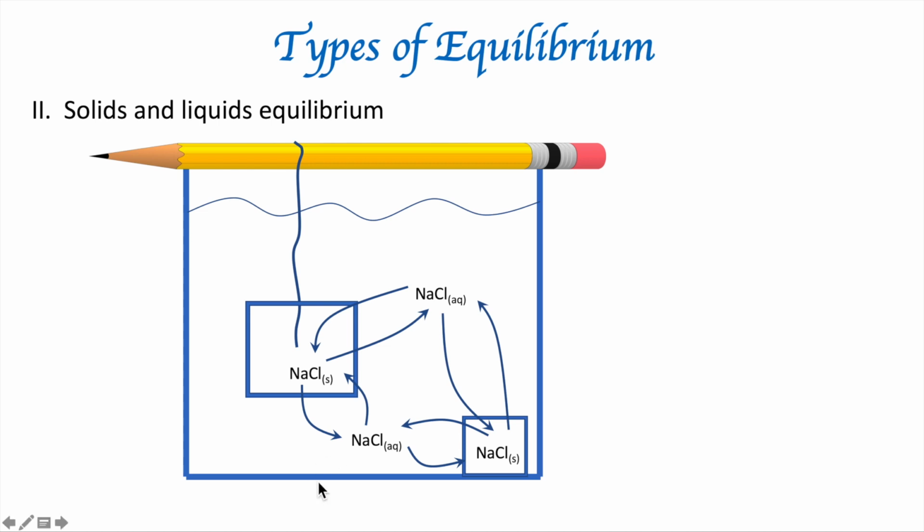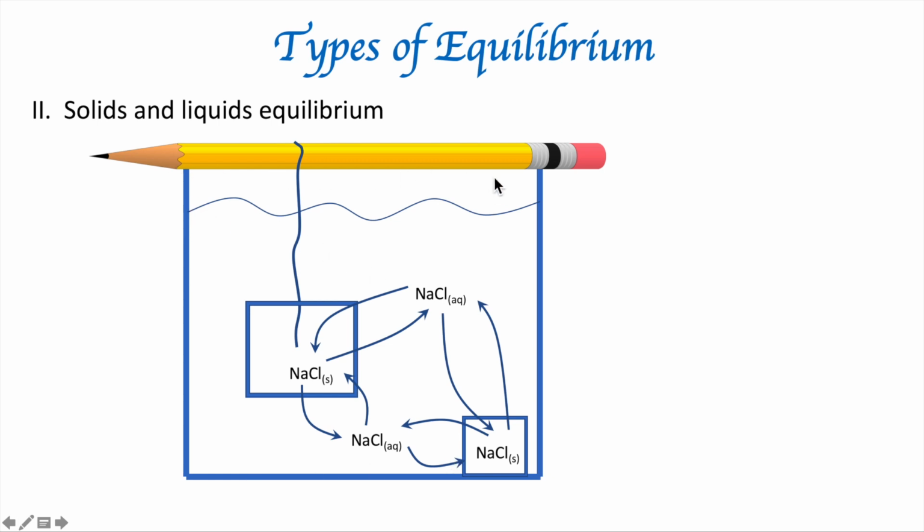Many times in the past when we've grown crystals, you may have one large crystal over here and a little tiny crystal over there, and sometimes the large crystal will start dissolving and the small one will start growing. Sometimes all of a sudden this one starts growing, then another one starts growing, then this one starts shrinking, and this one starts growing over here. But the neat thing is that the total sum of the solid mass will remain constant.